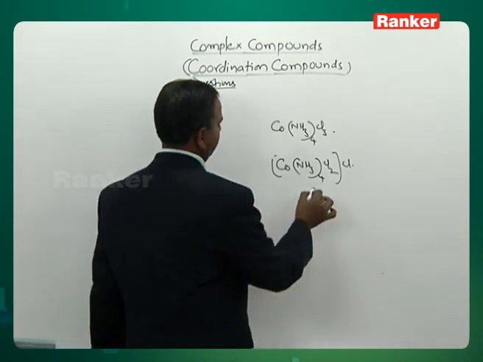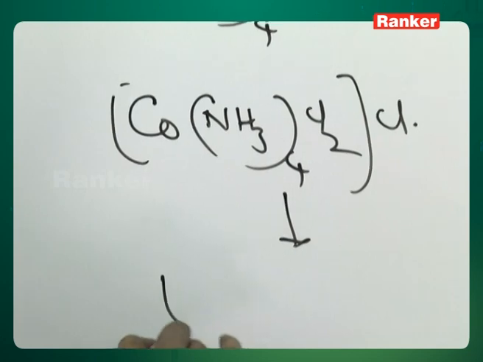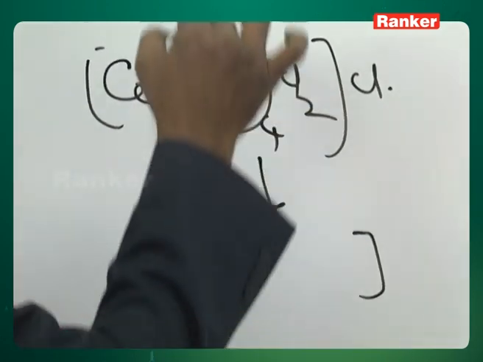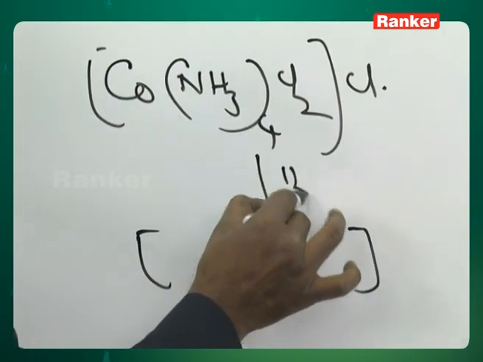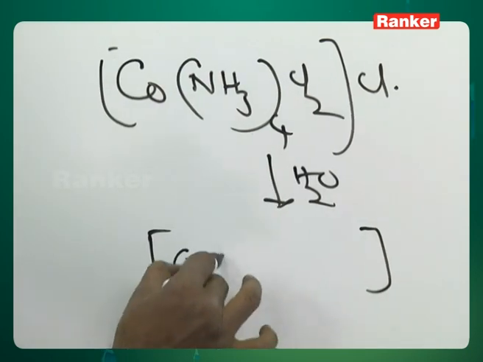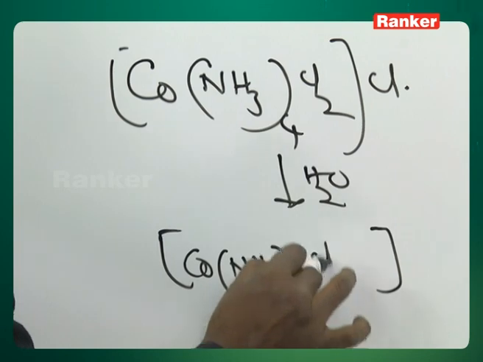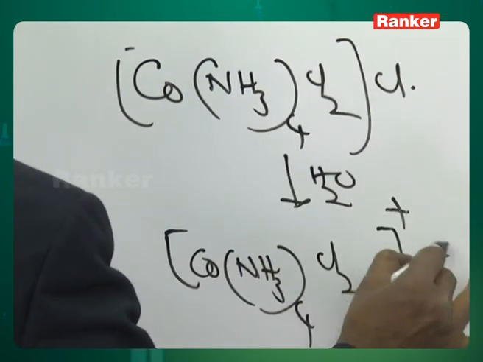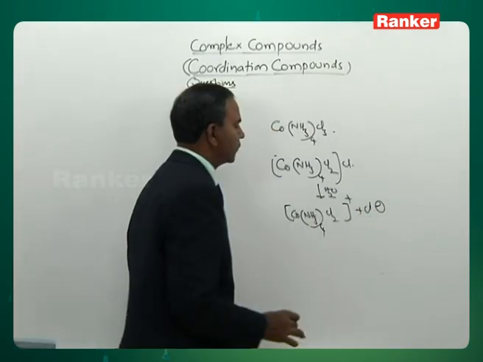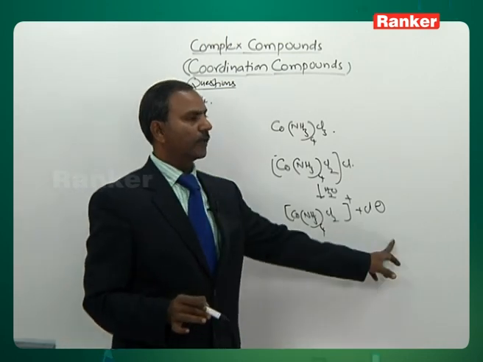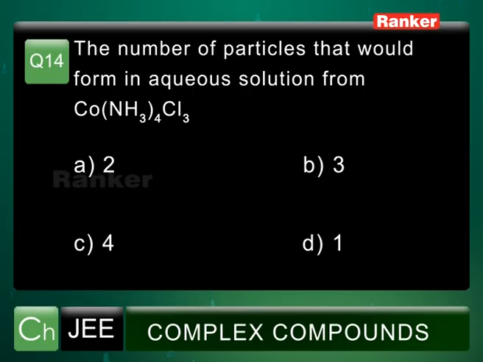How does it ionize? If you are putting it into water, yes, we are putting it into water, then Co(NH3)4 Cl2 plus Cl minus. See, 1 particle and a second particle, only 2 particles. So here answer is A, in this 14th question.